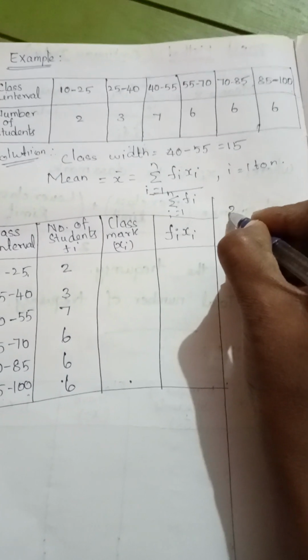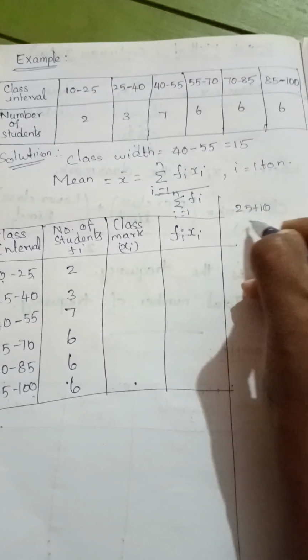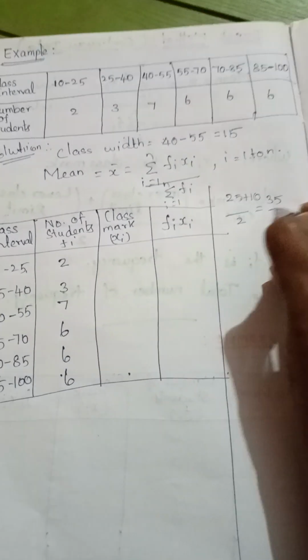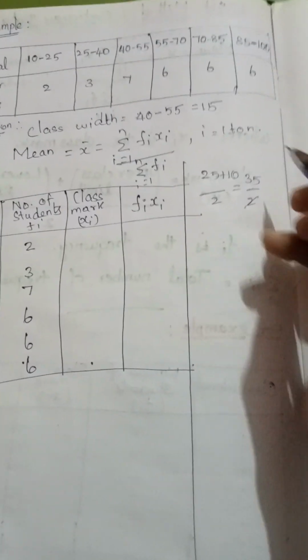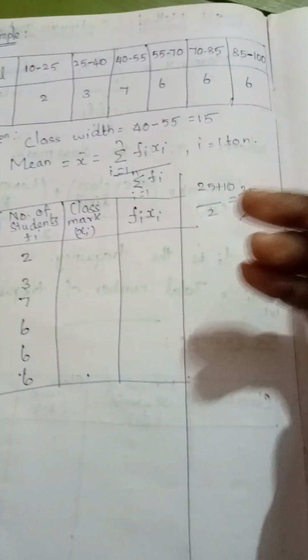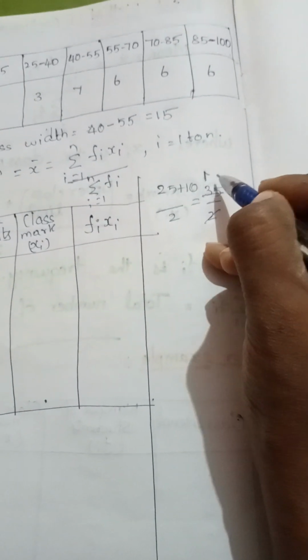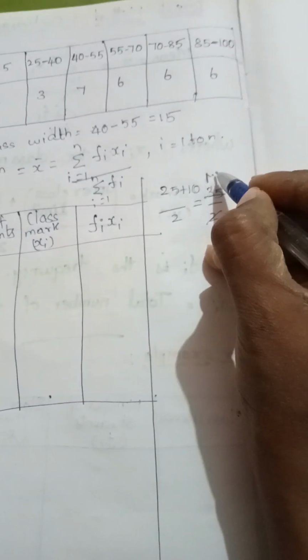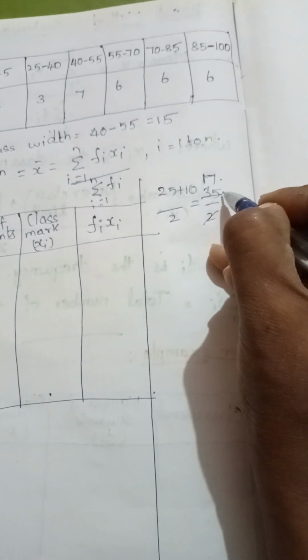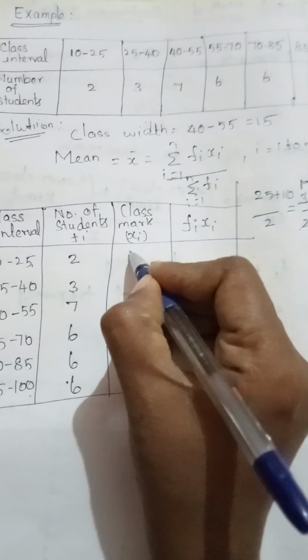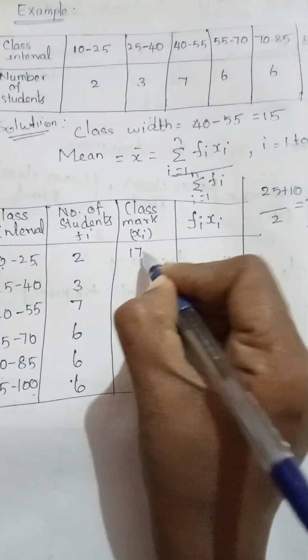So 25 plus 10 divided by 2 is 35 by 2. 1 2 is 2, 7 remains left over; 7 2s are 14, carry over 1 point; 5 2s are 10, so 17.5. The first value is 17.5.